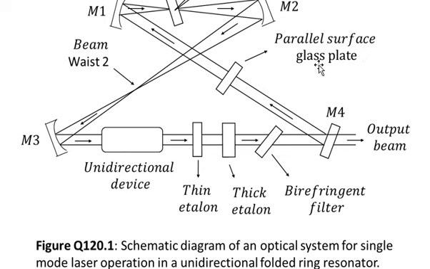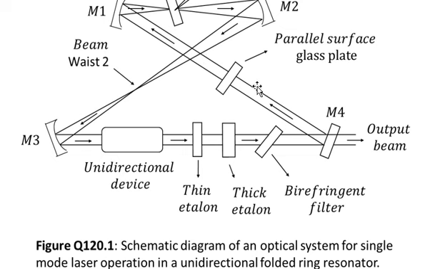There is a parallel surface glass plate between the M4 and M3. This glass plate can be located anywhere provided the beam is collimated. For example, it can be placed anywhere in the arm from mirror M3 to M4, or from mirror M4 to M1, anywhere between the places between the arm.